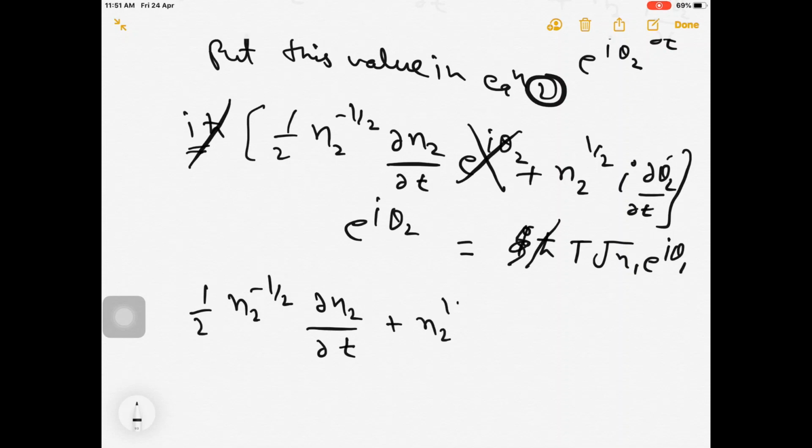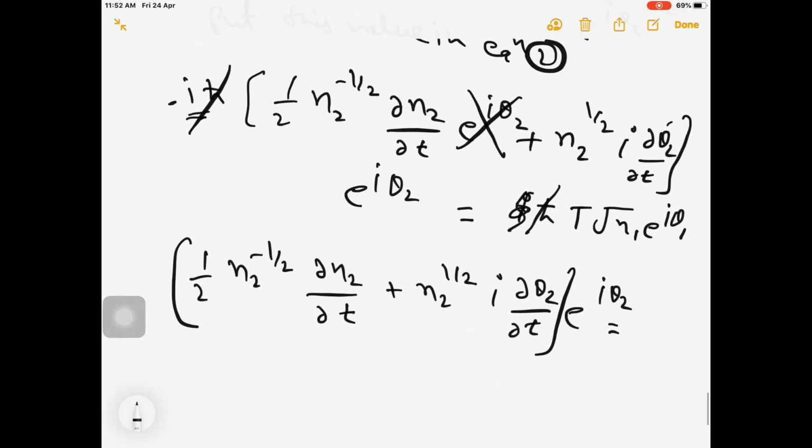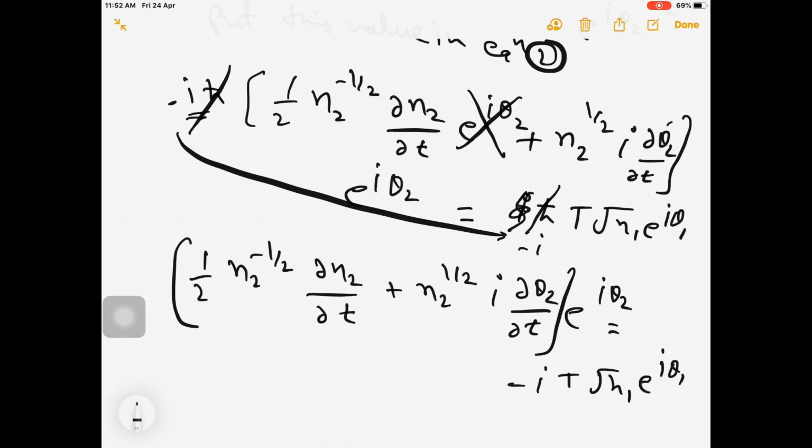Plus n2 power 1 by 2 iota del theta 2 del t, exponential iota theta 2, equals, since this iota becomes minus iota here, minus iota t under root n1 exponential iota theta 1.